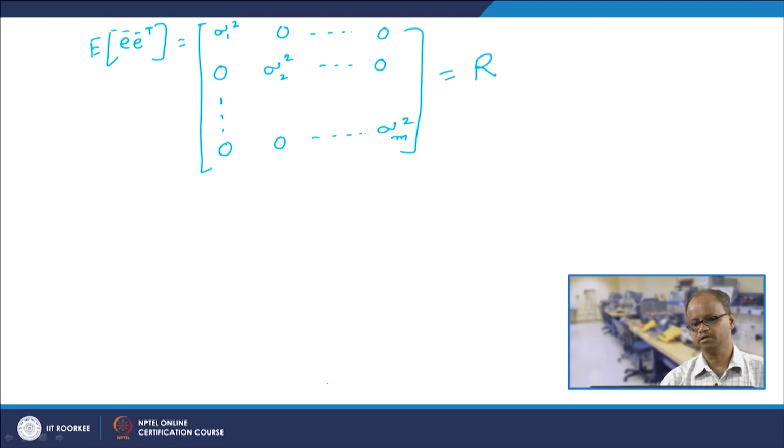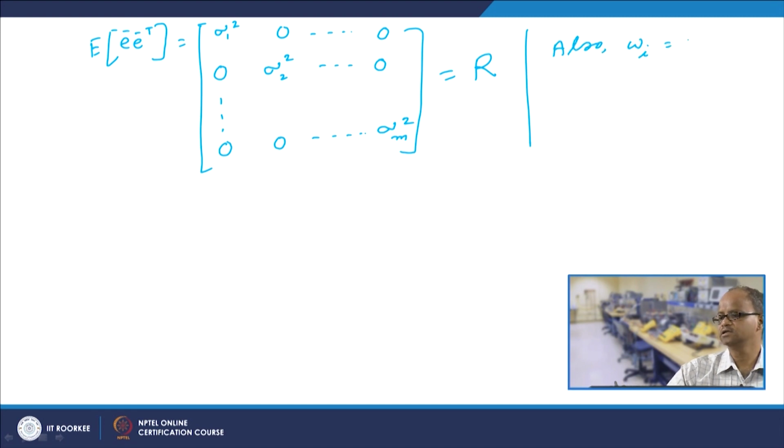We call it matrix R. So, this is the matrix R, which is basically a diagonal matrix in which all diagonal elements are nothing but the variance of the individual meters. Also, we said omega i is 1 by sigma i square.